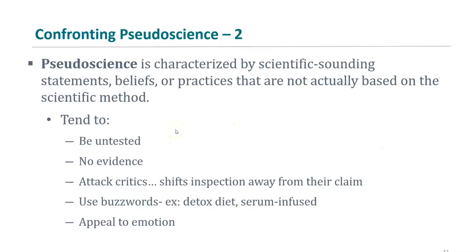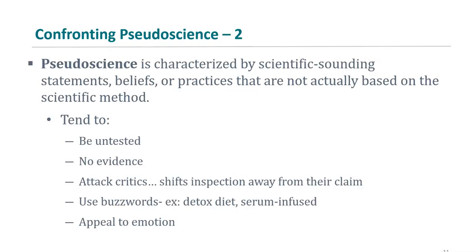So we've been talking about pseudoscience, right? Kind of alluding to that. So pseudoscience basically refers to beliefs or practices or scientific claims, as we've been talking about, that are presented as if they are science or scientific in nature, but they lack the evidence or the rigor that really characterizes genuine science.